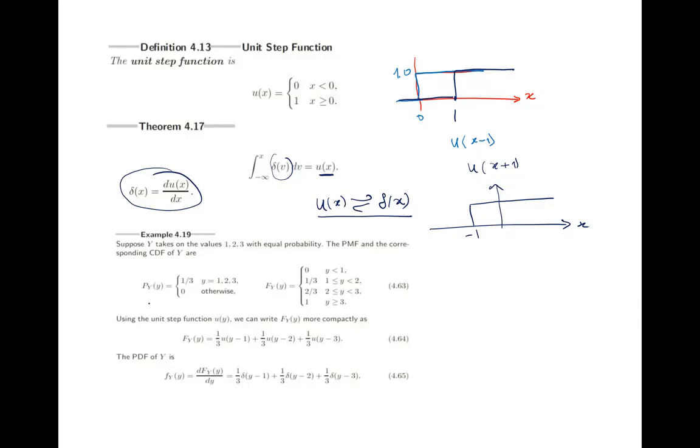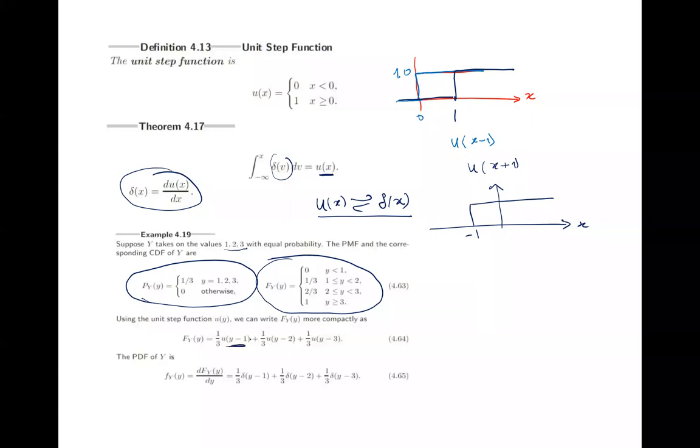We have a PMF here and the CDF here. Y takes on values 1, 2, 3 with equal probability, so each is 1 over 3. Then the PMF and the corresponding CDF of Y can be written with this formula. Now we can write this CDF using the unit step function.